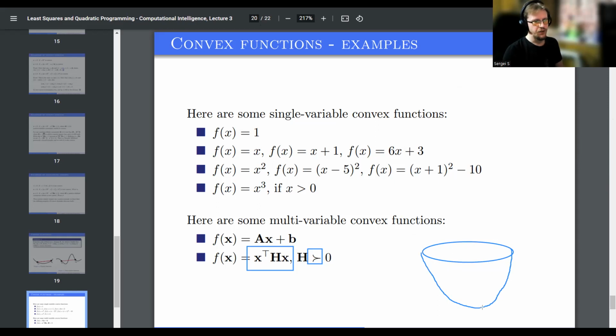What I mean is you have x1, x2 in this direction, and in this direction it is f. So let me just write it. F in this direction, x1 and x2 in those directions. So that is how you interpret this picture.